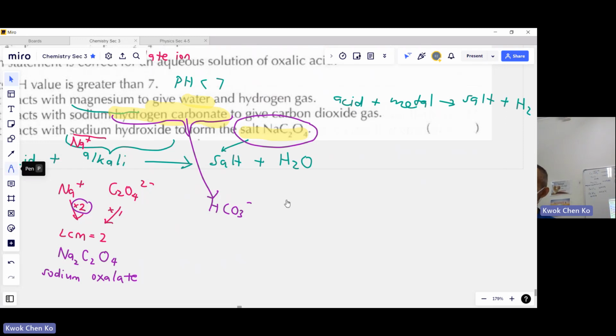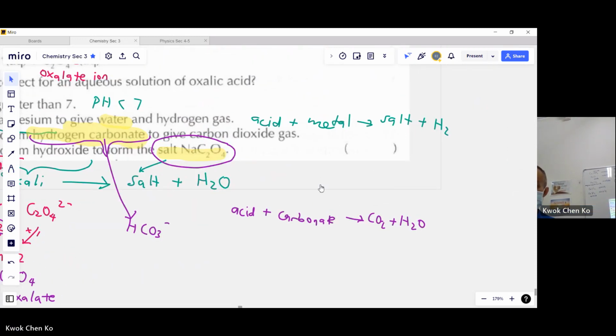Remember your 3 acid reactions? Acid plus carbonate give you CO2. I think we did this earlier, plus water, plus salt. Okay. Confirm coming out. Now, the thing I want you to add in is the same thing will happen if you add acid to hydrogen carbonate. You would get the same products. Okay, just keep that in mind.